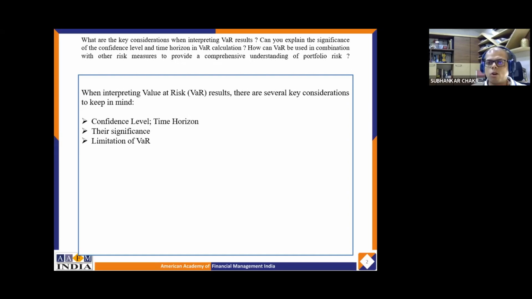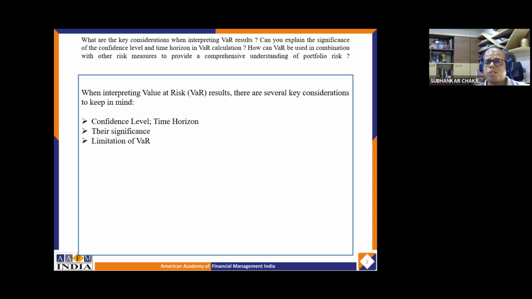So that gives him the confidence that this is an asset class that I would want to get into, because 95% of the time over the last 10 years, it has given a positive return, right? This is the significance of it. So the higher the confidence level and the higher the horizon, the greater is the risk aversion, and vice versa.